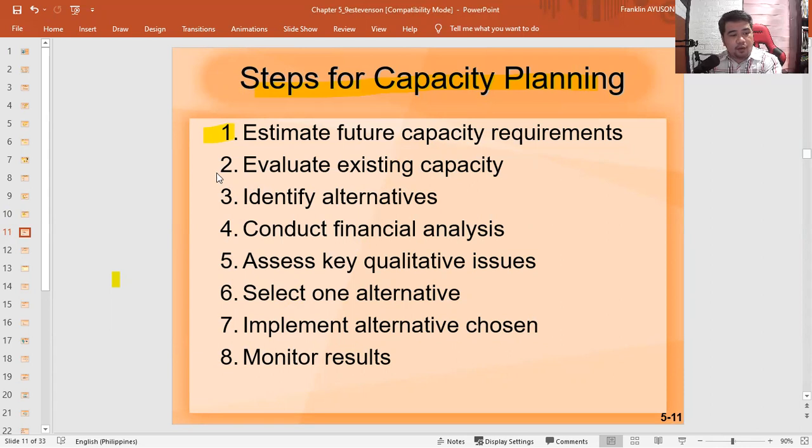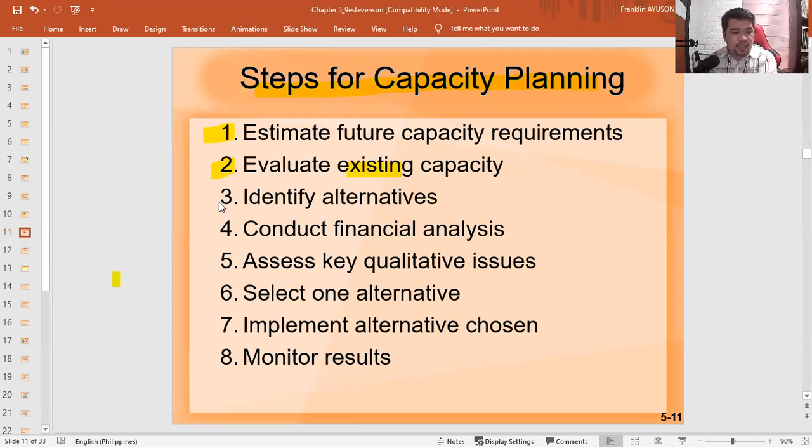But of course, our existing capacity must also be considered. So we need to evaluate our existing capacity and give due importance to some future estimate of our capacity requirements. So, present and future.